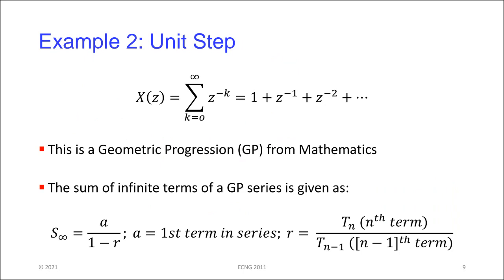If you have a GP, and the common ratio here is Z to the power minus 1, what is the sum to infinity, or the sum of infinite terms, of a GP? You remember it is given by A over 1 minus R, where A is the first term in the GP and R is, of course, the common ratio. And then there's one other little stipulation for that to happen. You remember what it was?